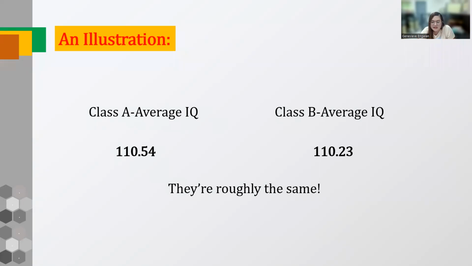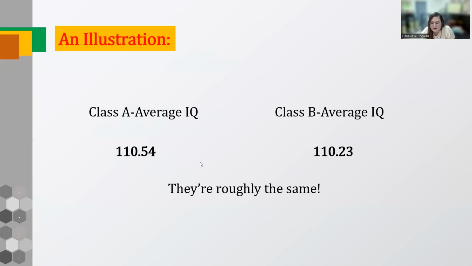Okay, as you can see, kay nakita naman nato ilang average, mas makaingon ta nga mas dako ang average sa class A compared sa class B. Tanawa gani, they are roughly the same, kay pareha ra, nagmatter na lang sila sa decimals.